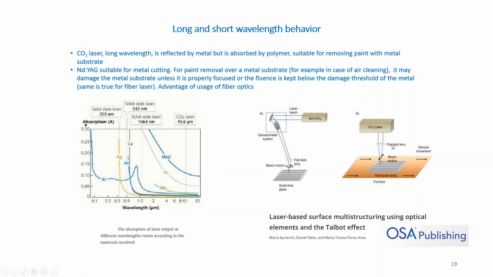Here, for example, you can see this case you could use Galvo's fiber optics for some similar laser to neodymium YAG to cut patterns in the soda lime glass, and here is the use of CO2 laser for microstructuring.